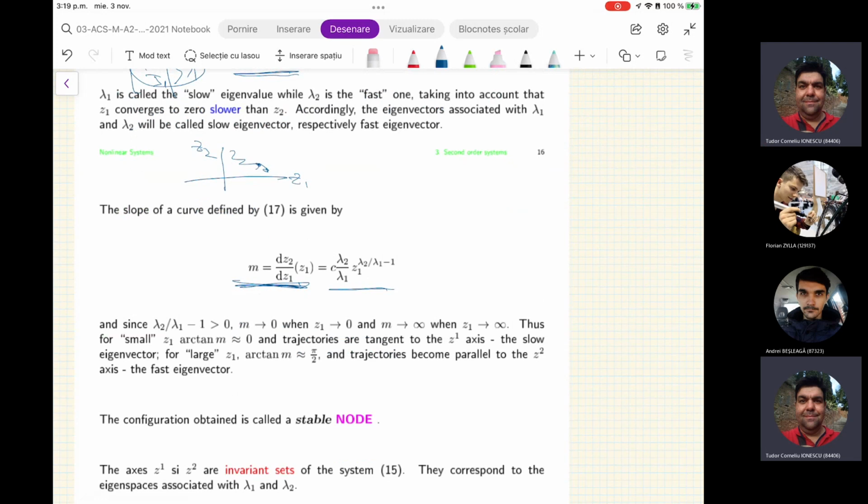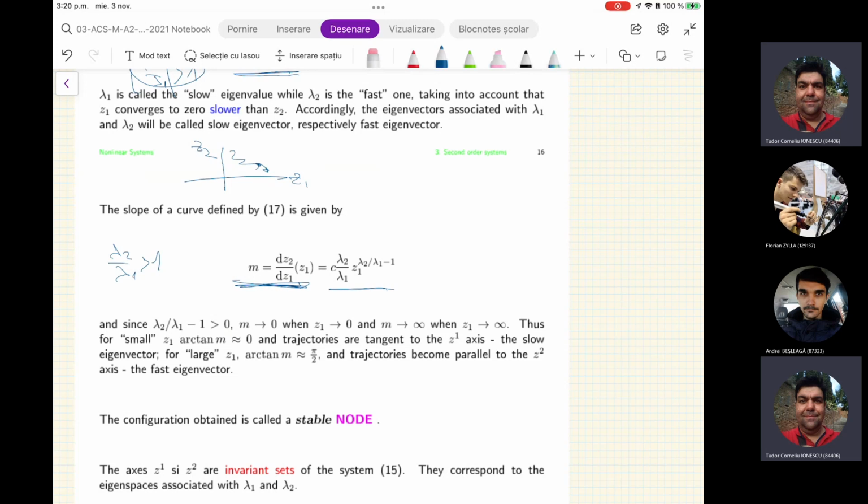So the slope. You have lambda 2 over lambda 1 larger than 1. Fine. So this is the slope, and then m goes to 0 when z1 goes to 0, and m goes to infinity when z1 goes to infinity.